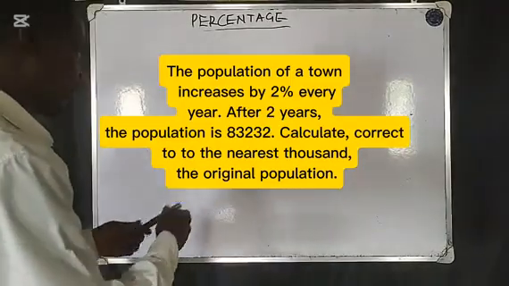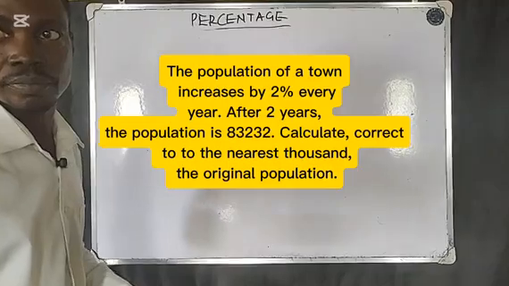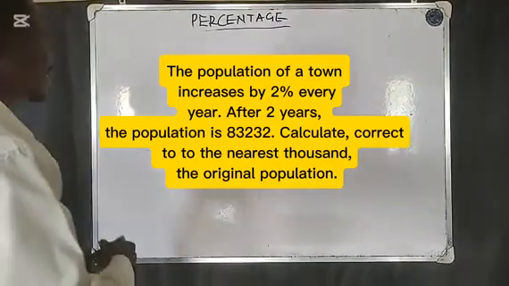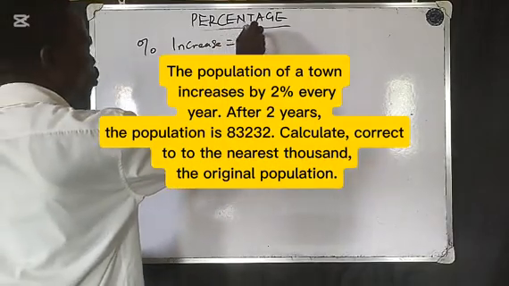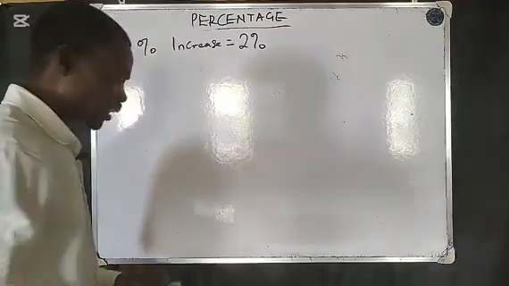The population of a town increases by 2% every year. The percentage increase is 2%, right? What else?